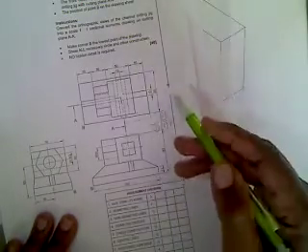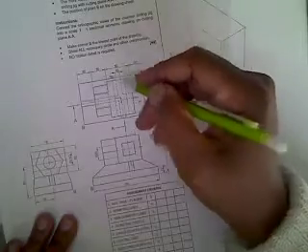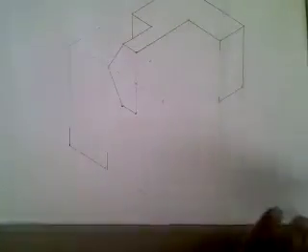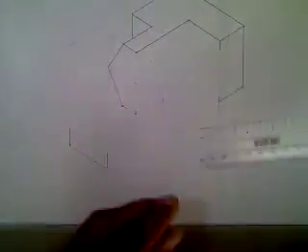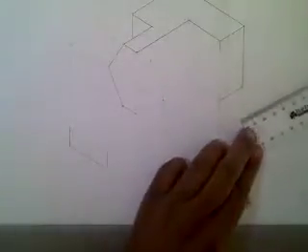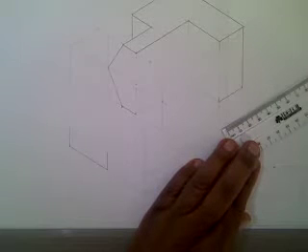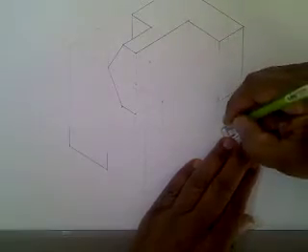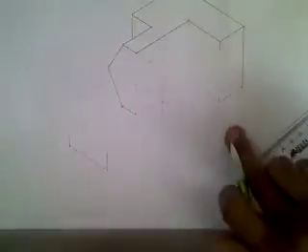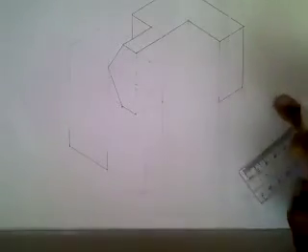So from the back, we will measure 55. There is our 55. It will end there from the back. Our cutting plane will be at 55. We might as well complete that.